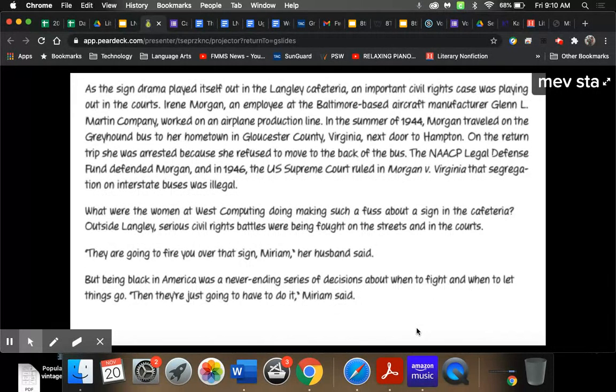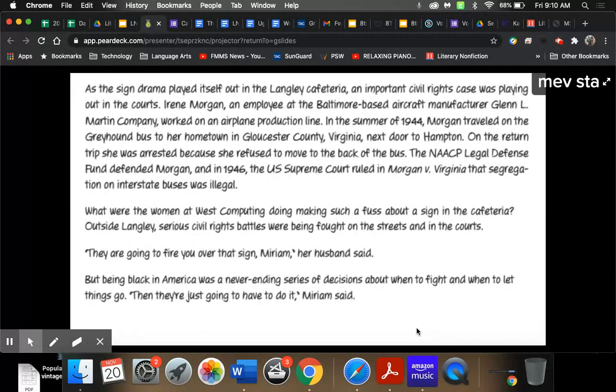As the sign drama played itself out in the Langley cafeteria, an important civil rights case was playing out in the courts. Irene Morgan, an employee at the Baltimore-based aircraft manufacturer Glenn L. Martin Company, worked on an airplane production line.